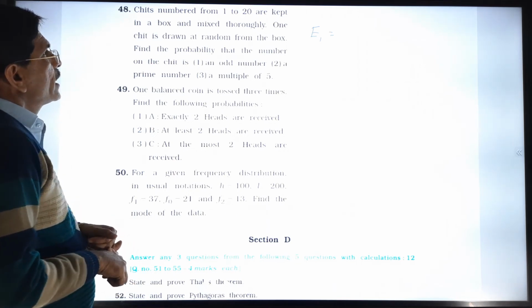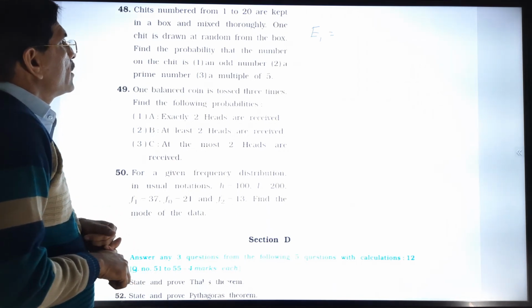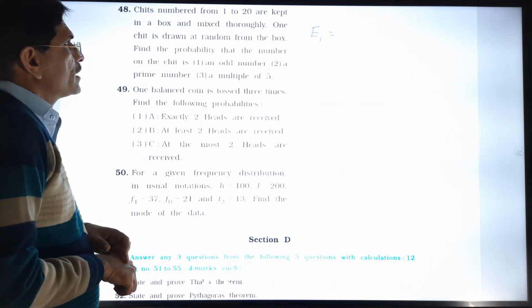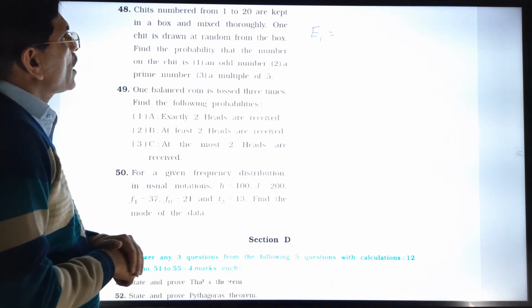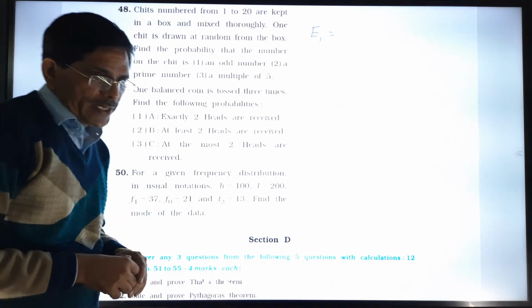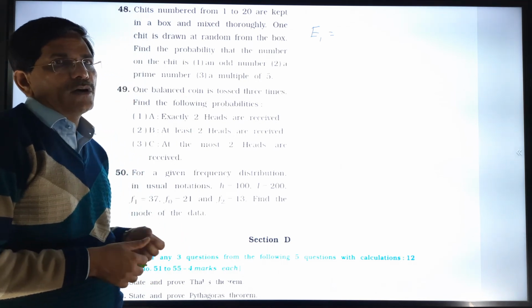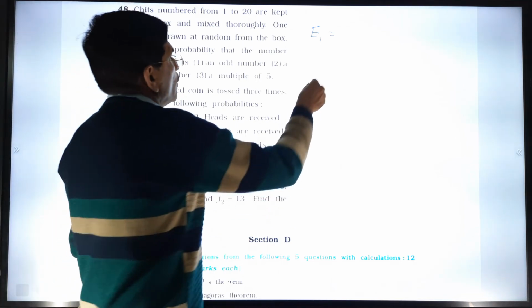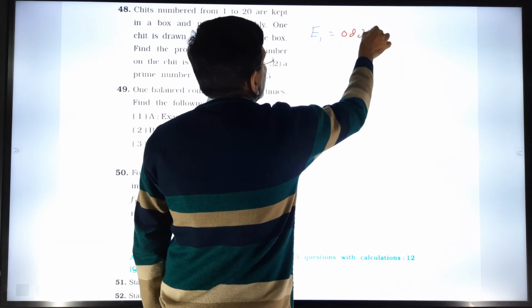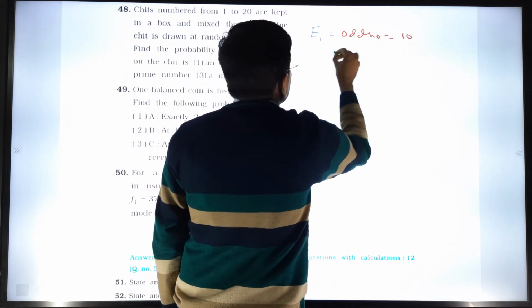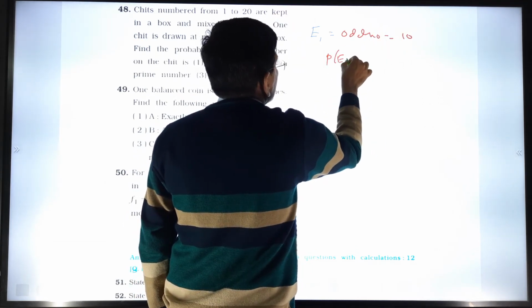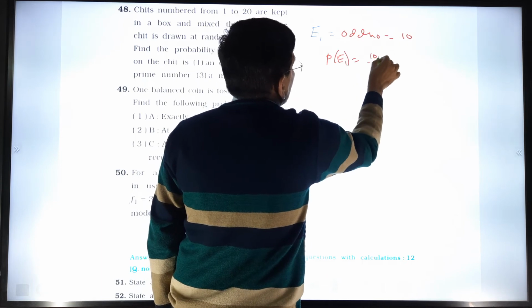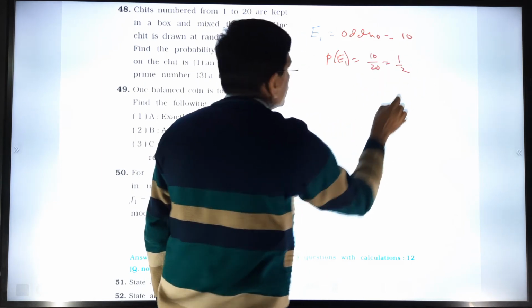One card is drawn at random from the bag. Find the probability that it is an odd number and a multiple of 5. So from 1 to 20, how many odd numbers are there? 10 odd numbers are there. So P(E1) is equal to 10 upon 20, that is 1 by 2.